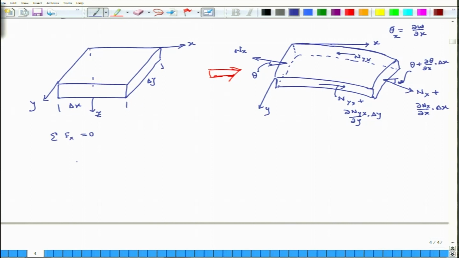So, it will be nx plus del nx over del x times delta x, and I have to multiply it by the cosine of the angle. So, it is cosine of theta plus delta theta over delta x times delta x, okay.